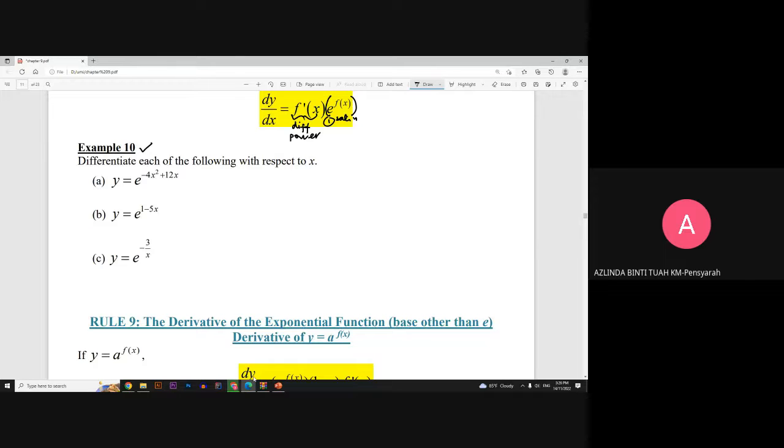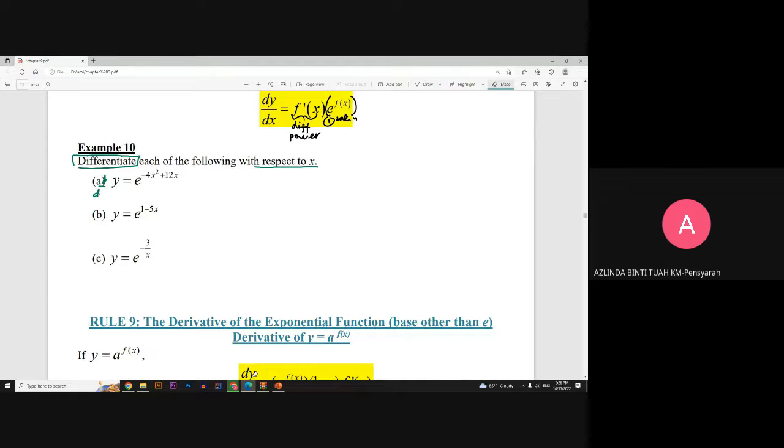Y is e to the power of negative 4x squared plus 12x. So we're gonna differentiate them. So differentiate y is actually when we are doing differentiation, we have to put the d per dx. The word differentiate means dia suruh kita differentiate respect to x, so d per dx, both sides.